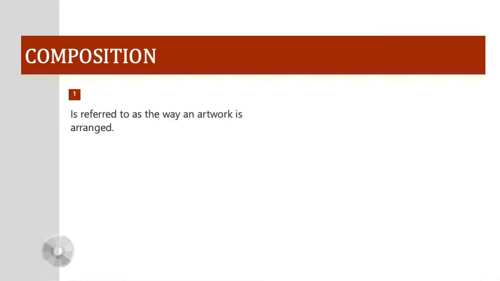When we say composition, it is how you arrange an artwork, how you arrange particular colors, particular textures, particular lines, in order to come up with an artwork. So in a painting, for example, how you arrange the elements is what composition is.